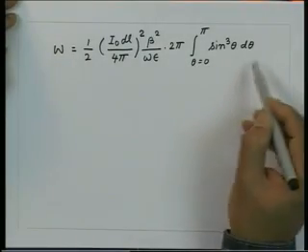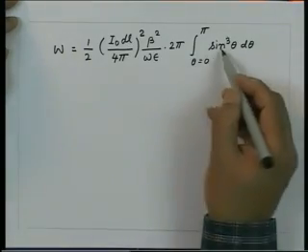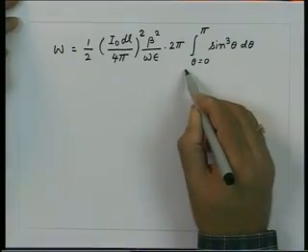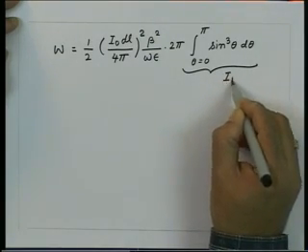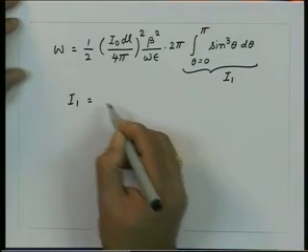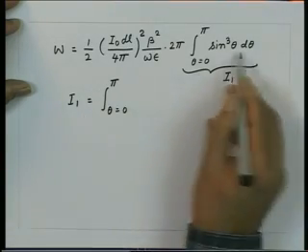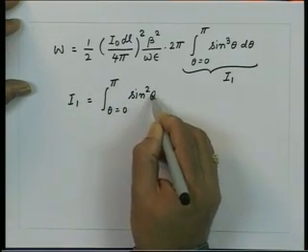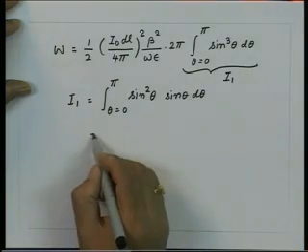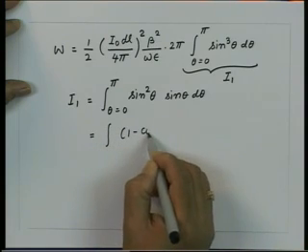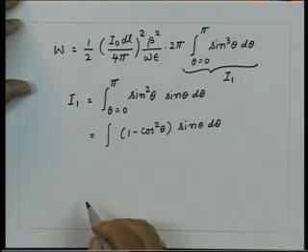Now, this integral is very straightforward. I can write down this sin cube theta as sin square theta sin theta, and sin square theta I can write down as 1 minus cos square theta. So, this integral, let us say I1, will be integral theta equal to 0 to pi, sin square theta sin theta d theta, and this we can write as 1 minus cos square theta sin theta d theta.